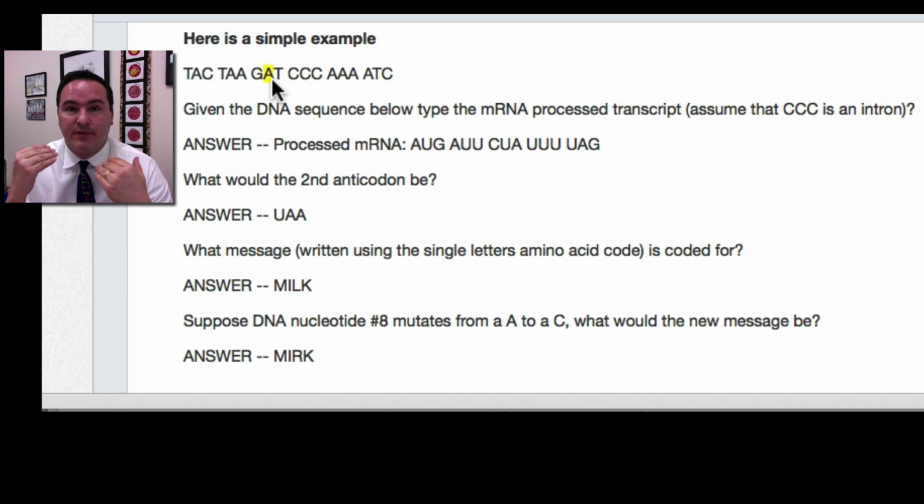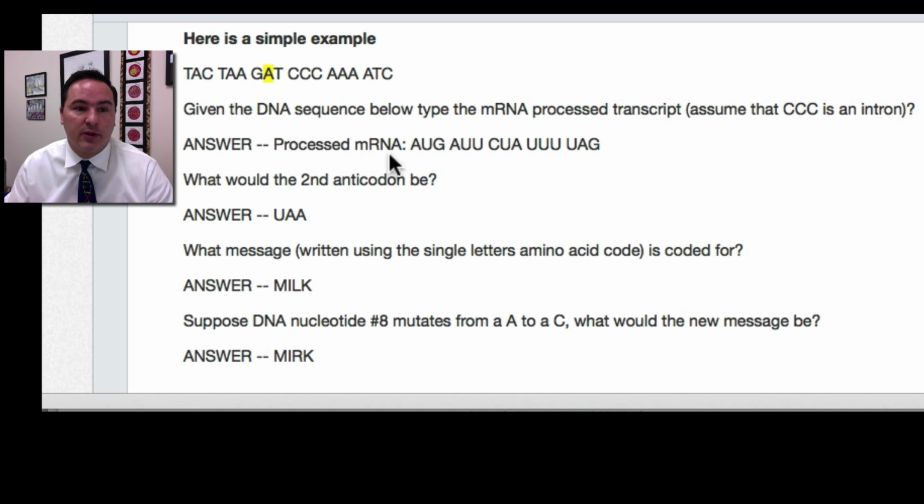So if there is, for example, a T, and then an A, and then a C, the complementary base pairing written in RNA would be T binds with A, binds with U. Notice it's a U, not a T, because this is RNA. RNA uses U's instead of T's. And then C binds with G, right?